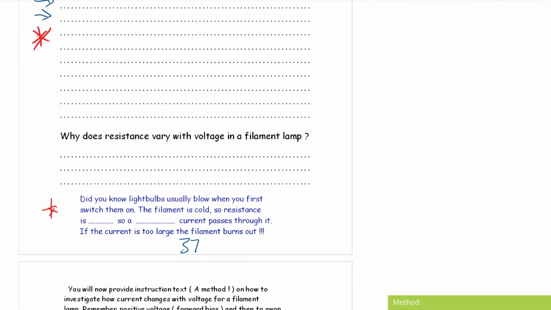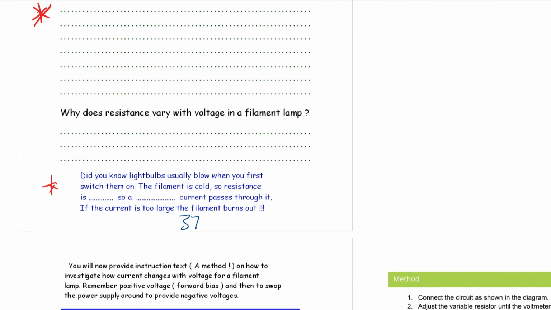Underneath it asks, why does the resistance vary with voltage in a filament lamp? Please try to include a few keywords. Talk about how the vibrating ions will change with a higher voltage.